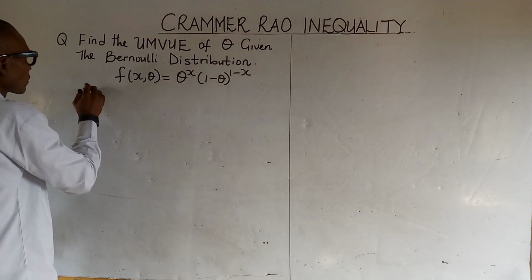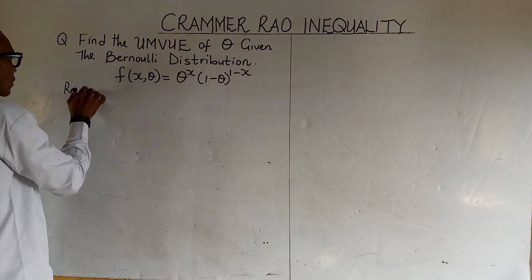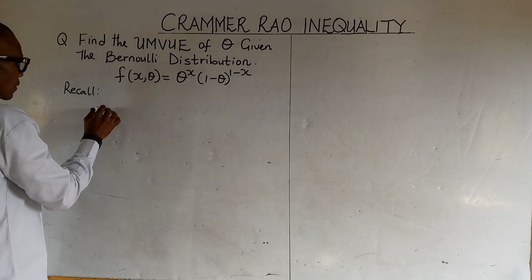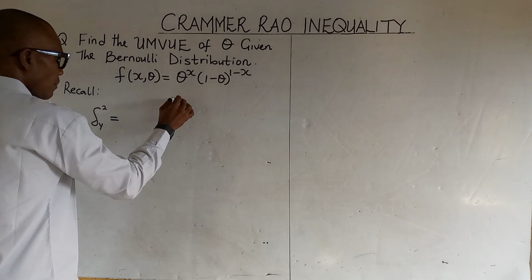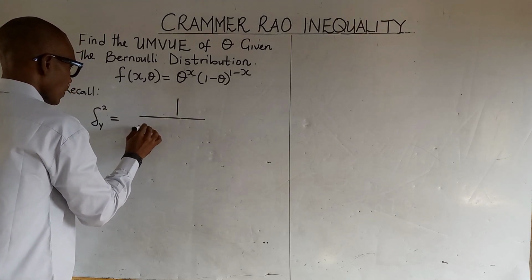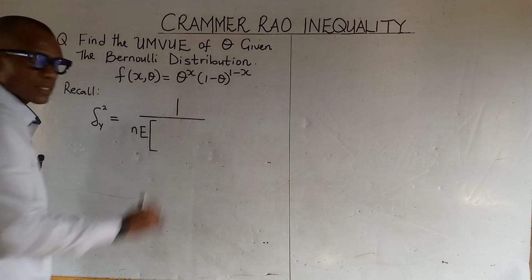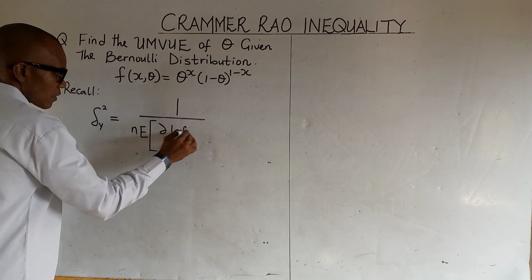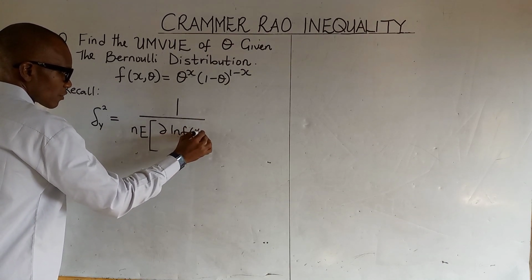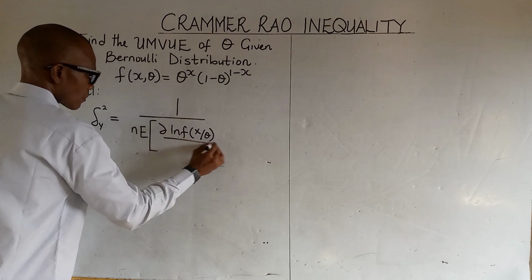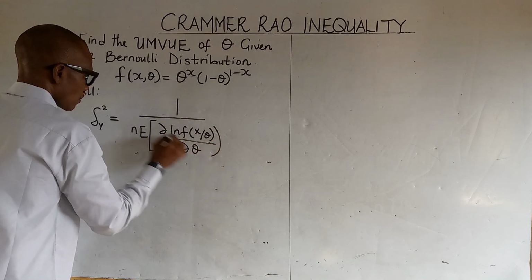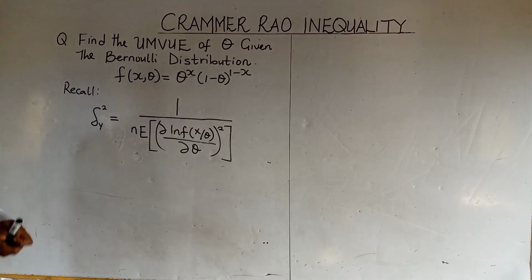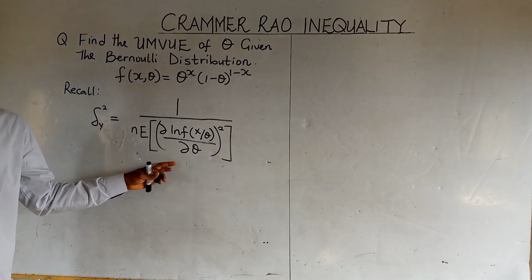We will recall that the Cramer Rao inequality states that n times the expected value of the differential of the mean function with respect to theta, all squared. So this is the Cramer Rao inequality.